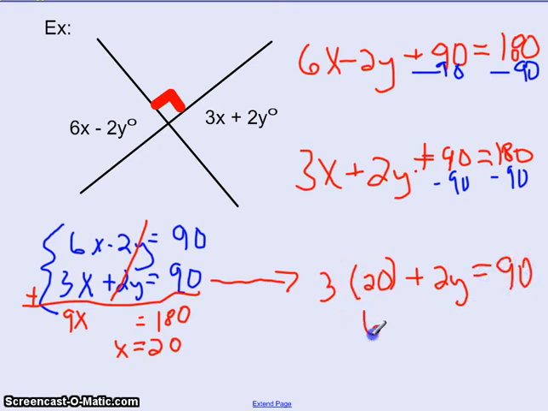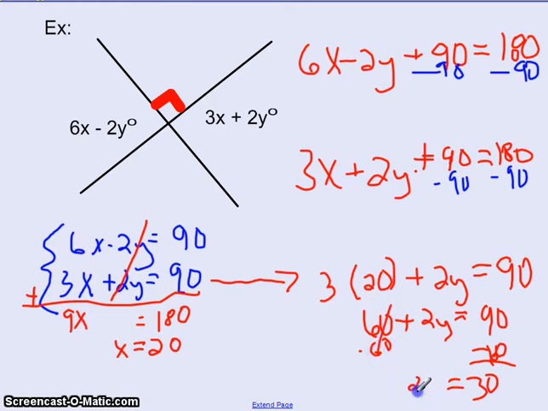So that would be 60 when I multiply the 3 times the 20 plus the 2y's equals 90. So minus the 60 looks to be 30 left on this side, and the 60 would subtract off over here.